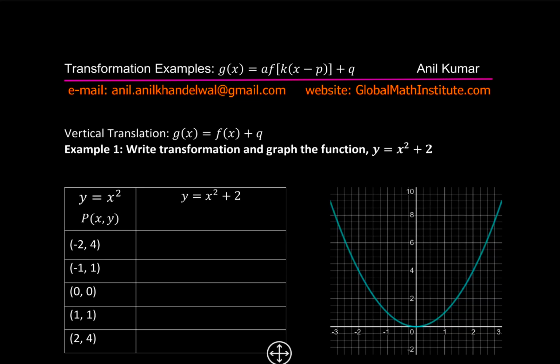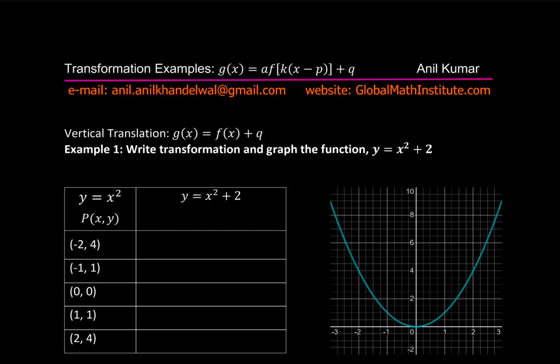So let us take an example based on vertical translation. Now let us take our first example, which relates to vertical translation. We are given the function g of x is equal to f of x plus q. Whenever you have this kind of function, the q value is added to f of x.